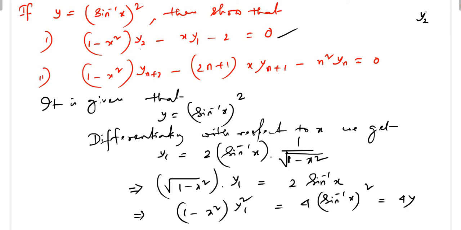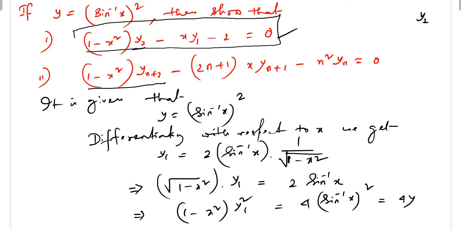Nth order differentiation on y3 will be yn plus 3. So if we already have y2, if I make nth order differentiation on this term, there is a chance to have this term. That means all I need to do is differentiate this expression n times. That's all.